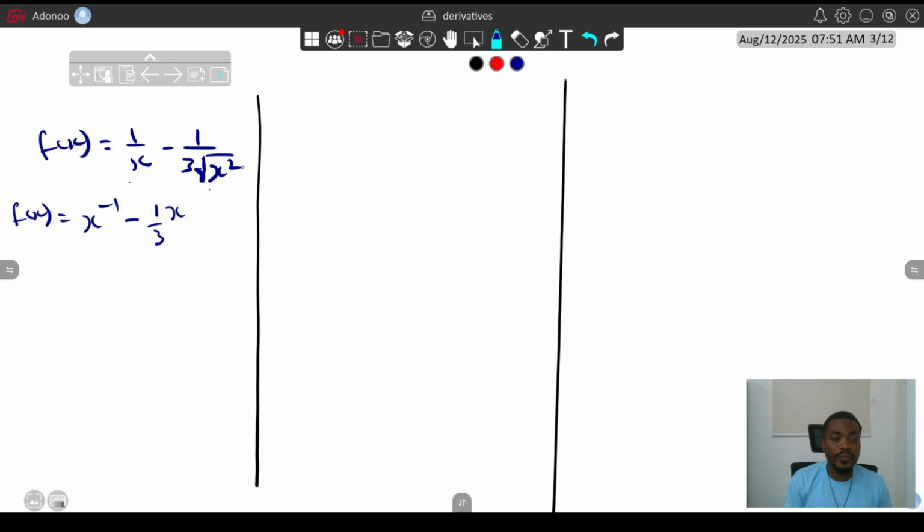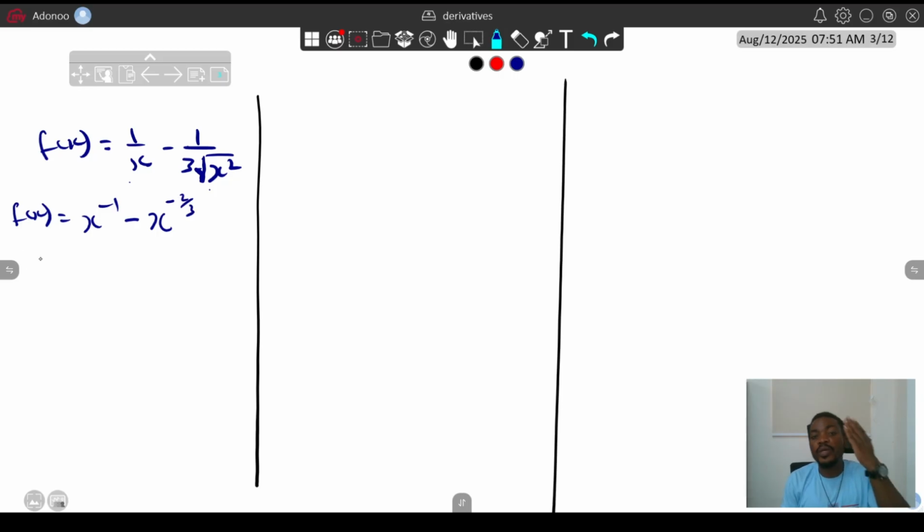So the cube root of x squared, right? If that's the case, then this becomes x raised to the power minus 2 over 3.